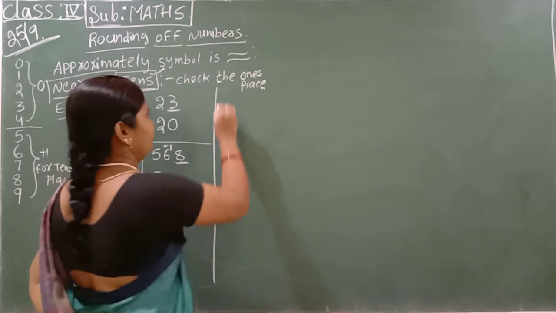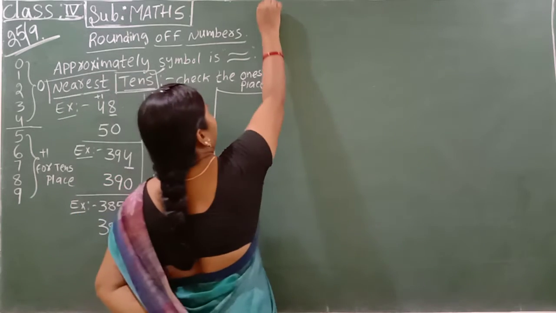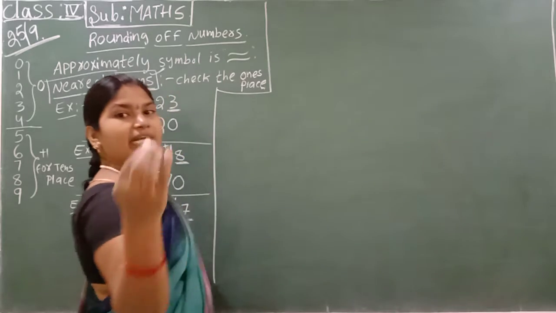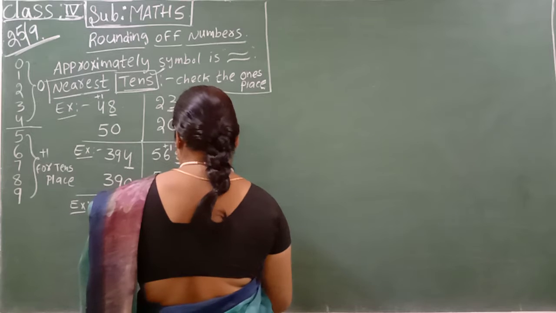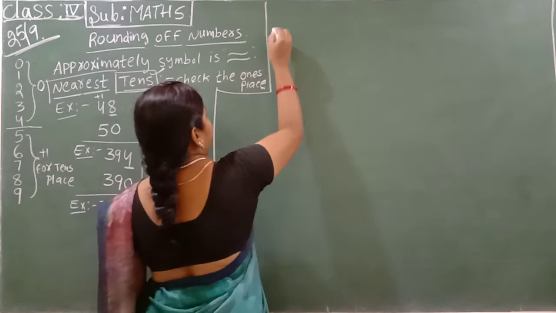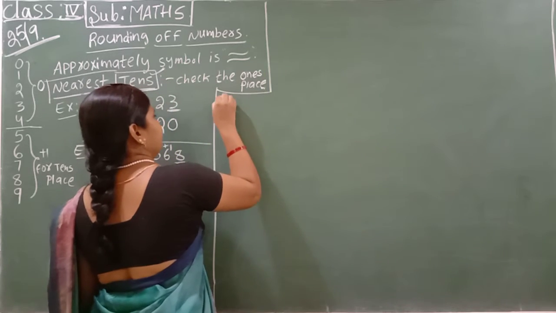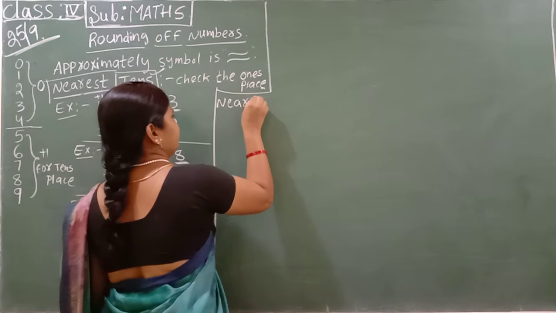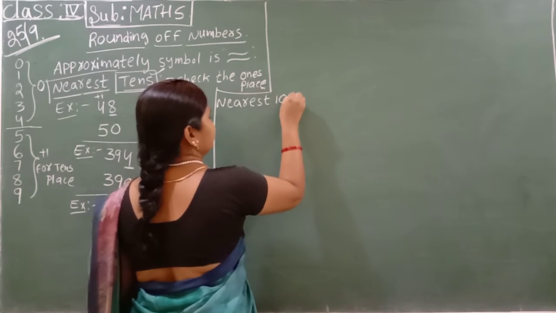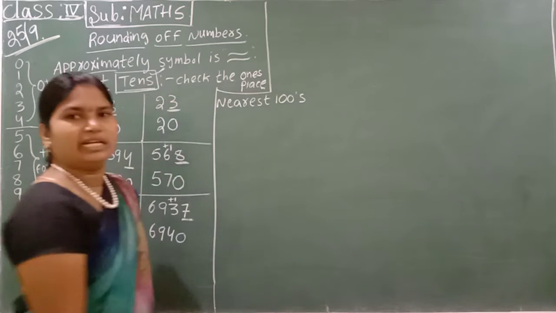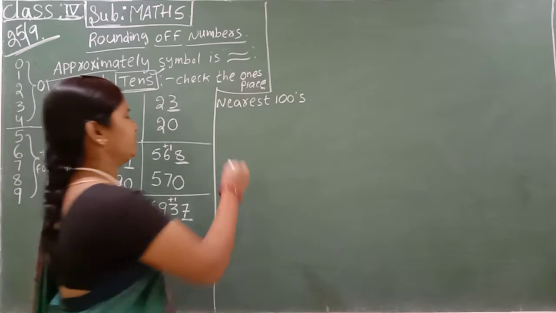Now, we want nearest hundreds. Nearest hundreds.